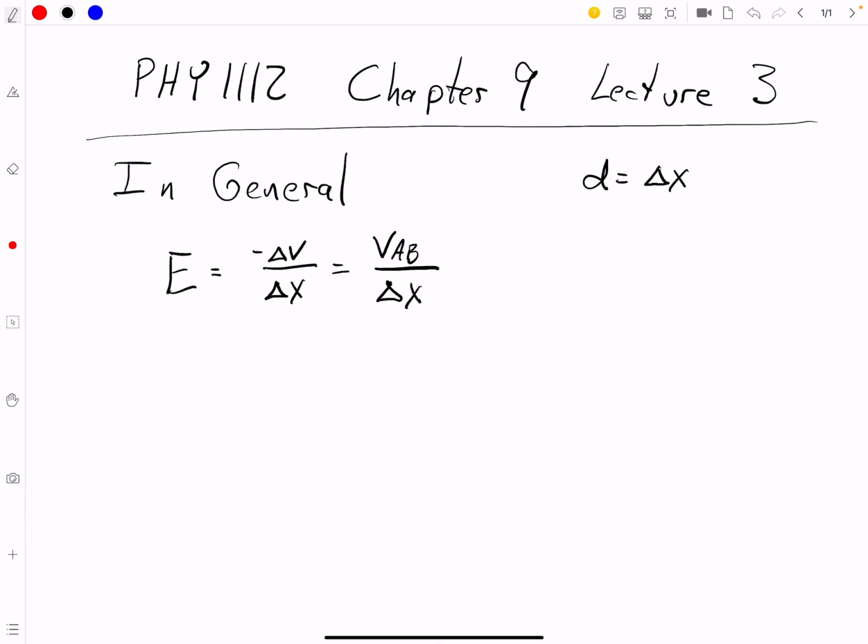And so we have that our electric field, well, I think that's not right. We want it over the x, our vector.